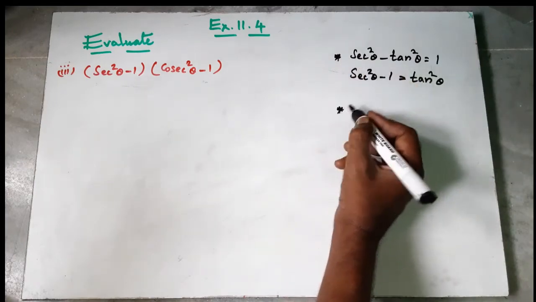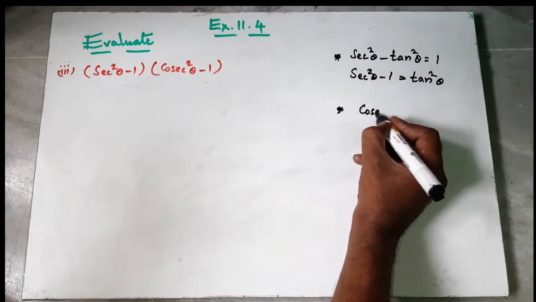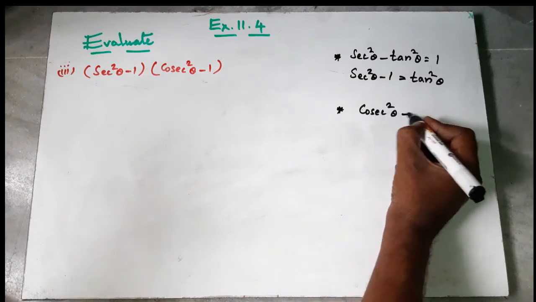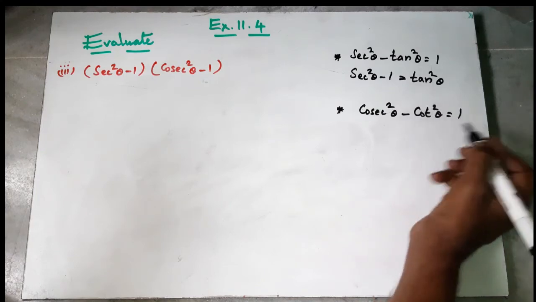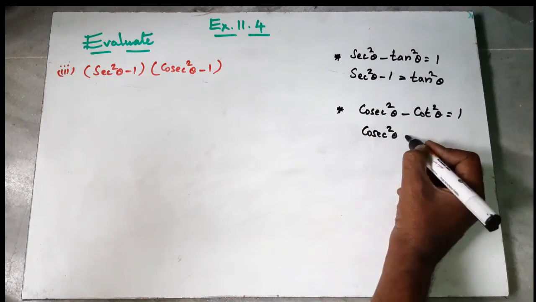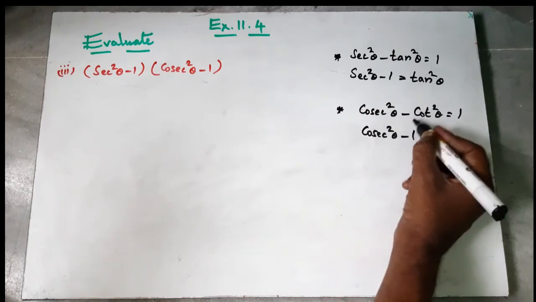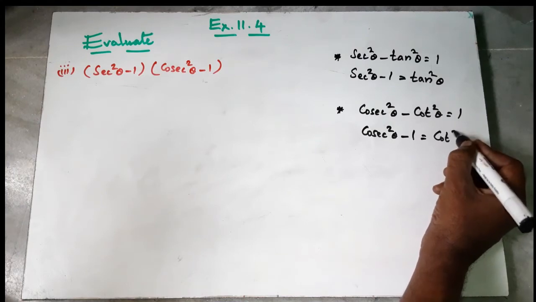Next, based on cosec square theta, what is the identity we have? Cosec square theta minus cot square theta is equal to 1. So similarly, transposing plus 1 to this side gives minus 1, and minus cot square theta to the RHS gives plus cot square theta.